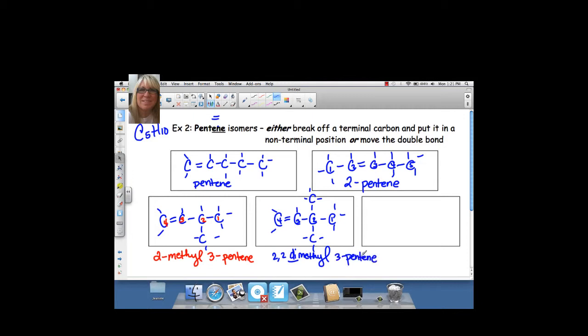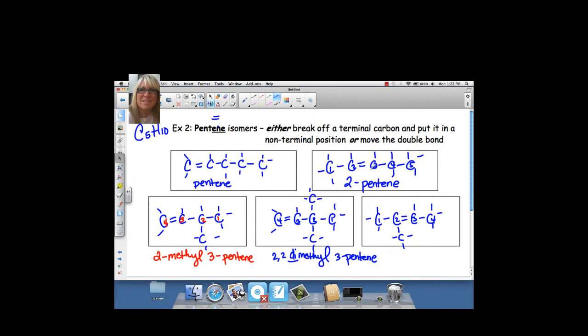And lastly, I need one more. Let's try putting the double bond on the second carbon, and let's also try putting a methyl group here. 1, 2, 3, 4. Okay, so here I have 1, 2, 3, 4.